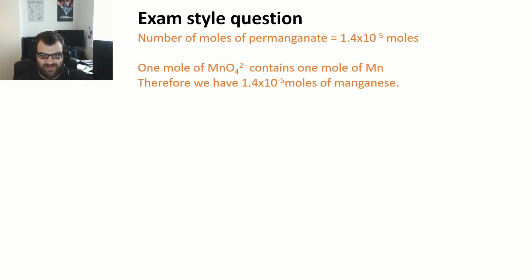Therefore, we can determine that we have got 1.4 times 10 to the minus 5 moles of manganese. Then, to work out our mass that's present, we're doing n times GFM. Number of moles is the 1.4 times 10 to the minus 5. Use the data booklet to find that the GFM of manganese is 54.9. We get our mass of manganese contained within the sample as 7.686 times 10 to the minus 4 grams.